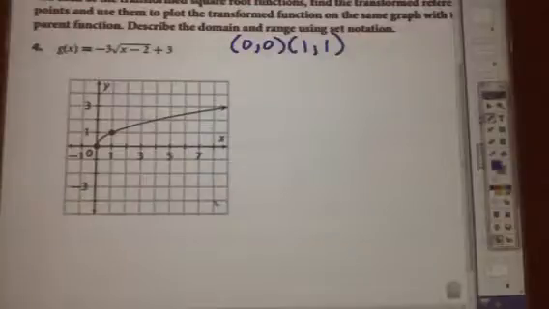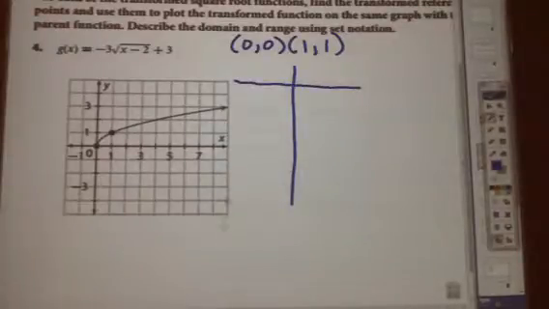It tells us to graph the transformed function on the graph with the parent function, and then describe the domain and the range in set notation. So we're going to make a T-chart, just like we did before. Remember, everything here to the x is everything under the radical, and it's opposite of what you think.